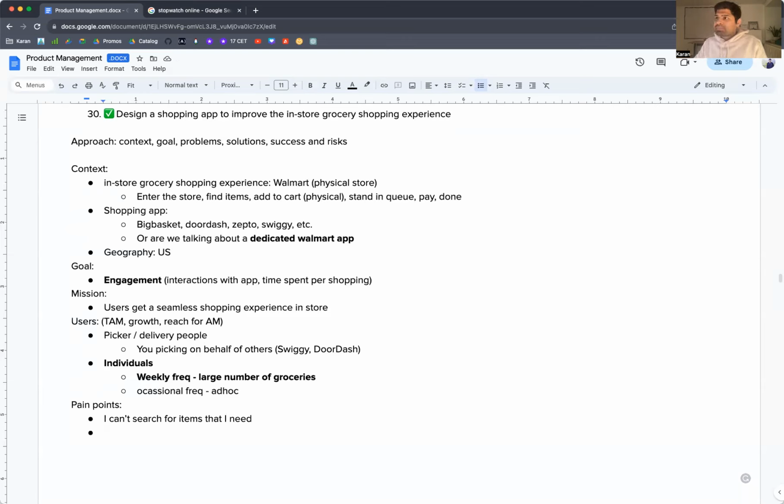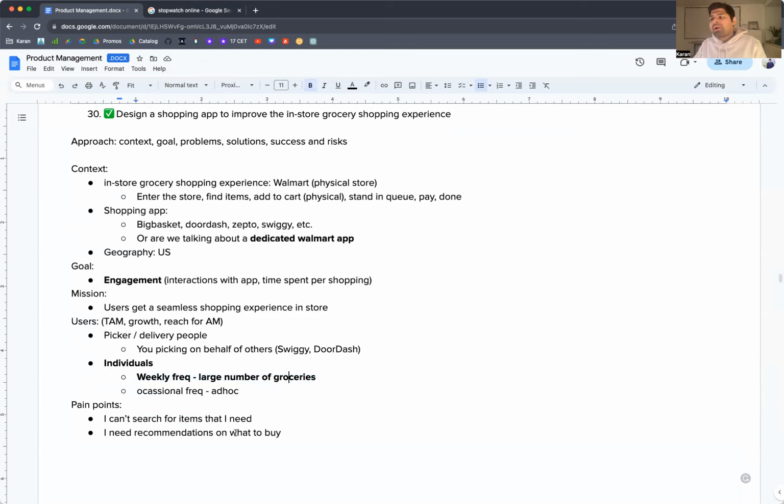The second one is maybe I need recommendations on what to buy. Because many times what would happen is that I usually create a to-do list, the things that I need to buy. But what if there are things that I have missed? I want to be as exhaustive as possible when I'm buying the weekly grocery.